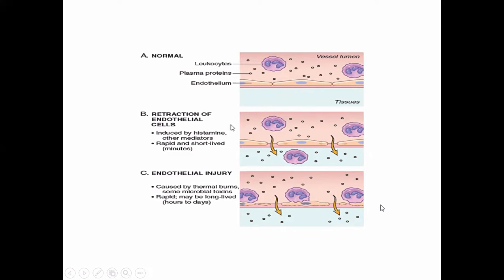When there is inflammation, the blood vessels dilate, and then the endothelium may open spaces so that the WBCs, usually the neutrophils and the lymphocytes, go out of the blood vessels and into the tissues.